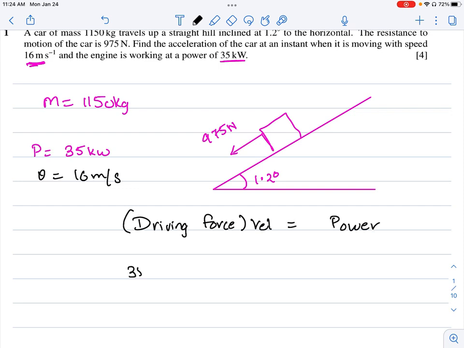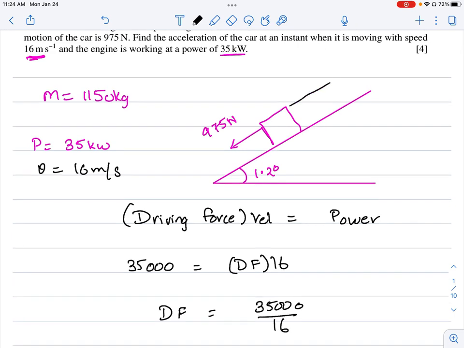So 35,000 is equal to driving force times 16. From that I get the driving force as 35,000 divided by 16. That is going to be the driving force.